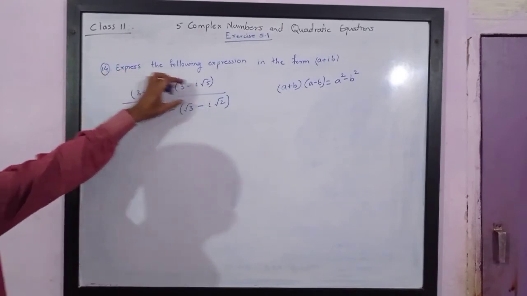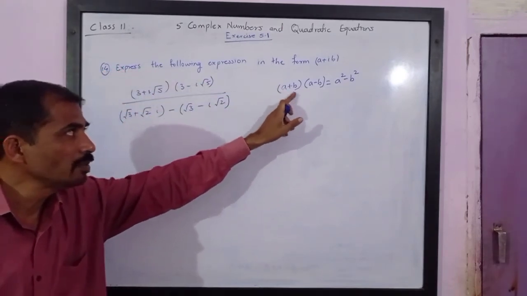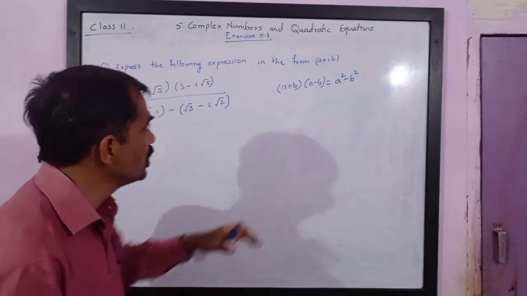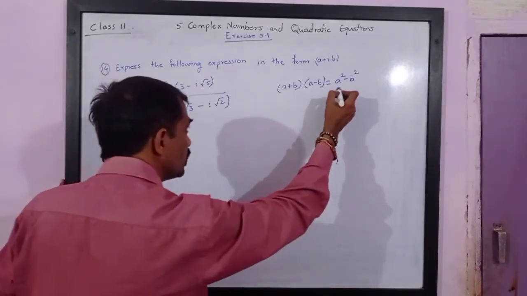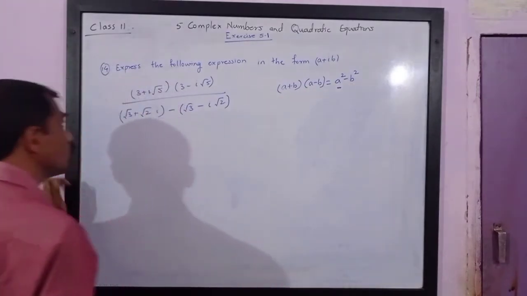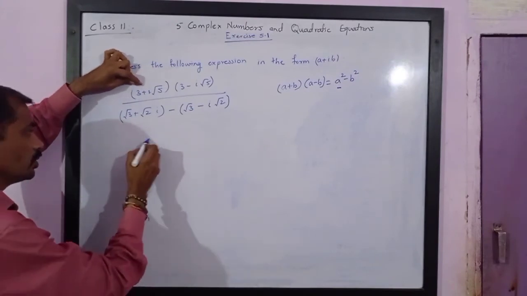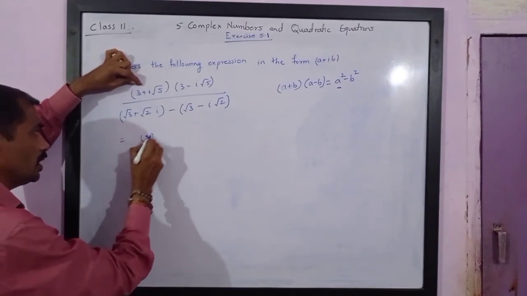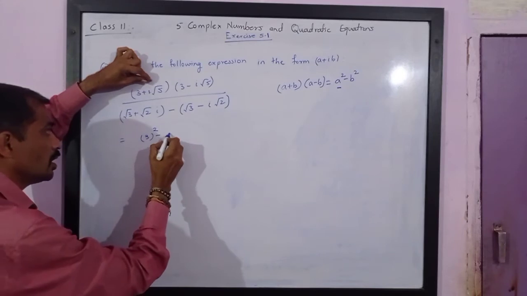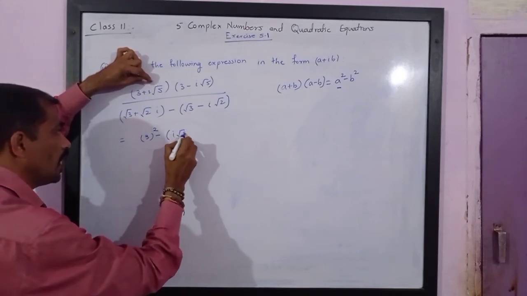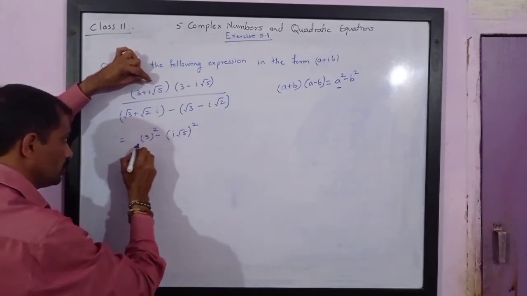Now for numerator we are using this identity. A plus B into A minus B is equal to A square minus B square. That is the square of the first minus square of the second. So numerator is equal to 3 square minus I root 5 bracket square.